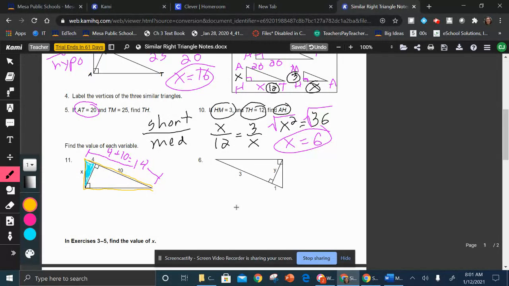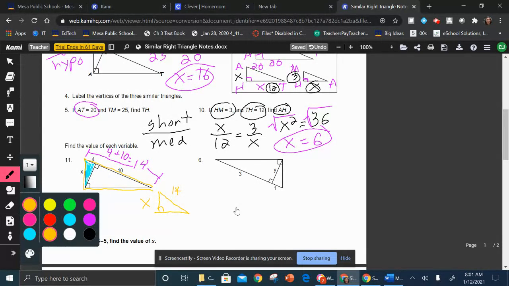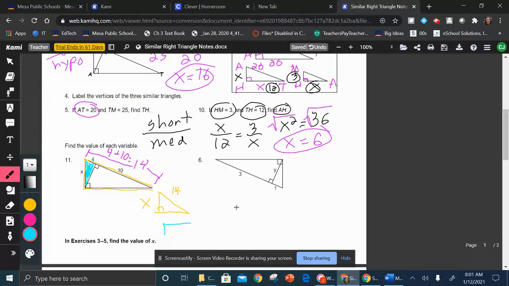If I draw the big one over here, not to scale, it's x over 14. And then we draw our small one, and I'm going to rotate it. So we have x over x.